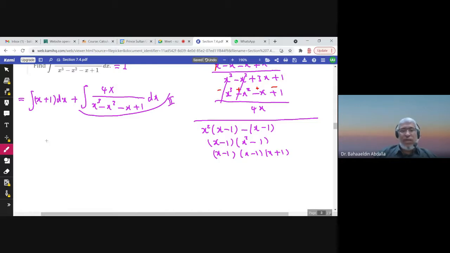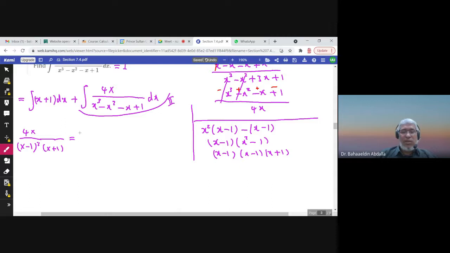So I can write 4x over, now let me write this in factored form. So I have x minus 1 repeated to the power 2 times x plus 1. Okay, so how to decompose this?